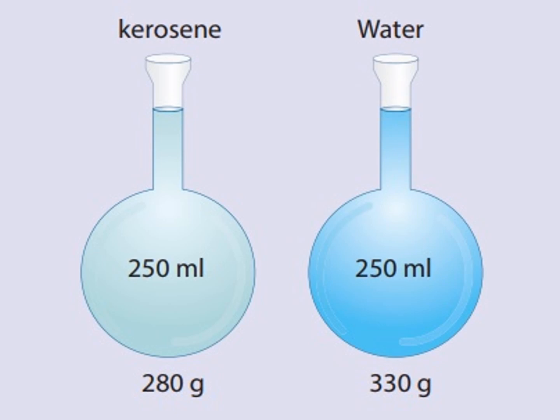The results 1 gram per centimeter cube and 0.8 gram per centimeter cube are the densities of water and kerosene. Density of water is 1 gram per centimeter cube. Density of kerosene is 0.8 gram per centimeter cube. Okay, have you understood?